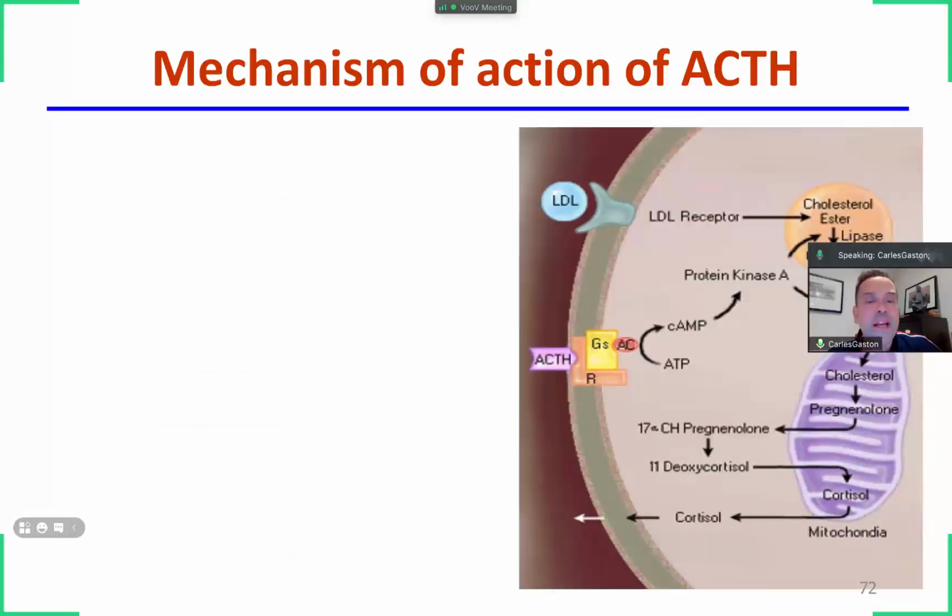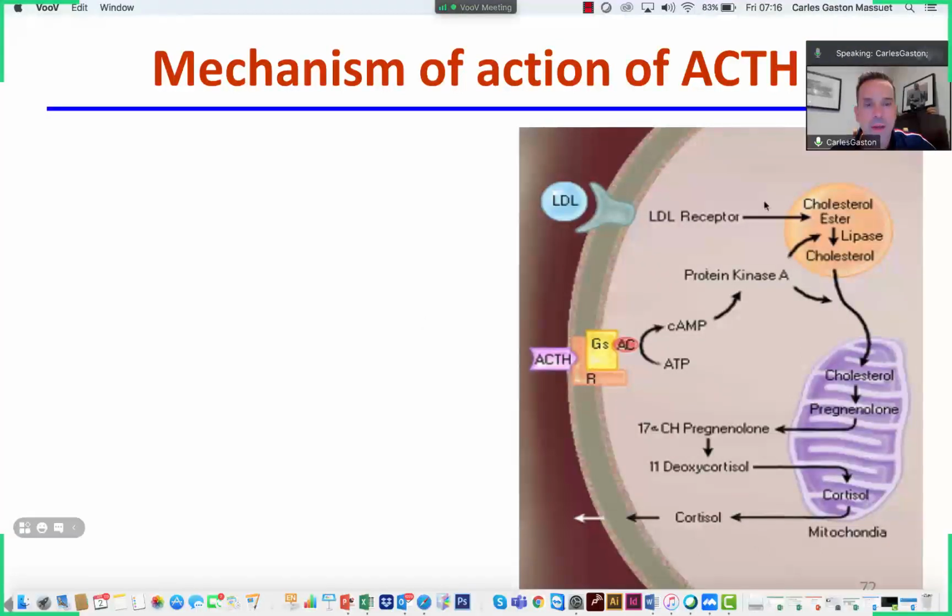So, mechanisms of action of ACTH. Remember, we have here the cell, okay? Let me move the screen up here. And we have ACTH. ACTH binds to the receptor. We know that the receptor of ACTH is a G-coupled receptor, transforms ATP, increases cyclic AMP, activates protein kinase.